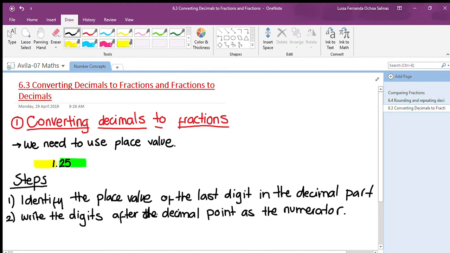Then we need the place value of the last digit, and that's going to be our denominator.